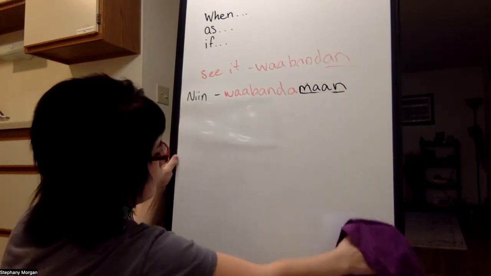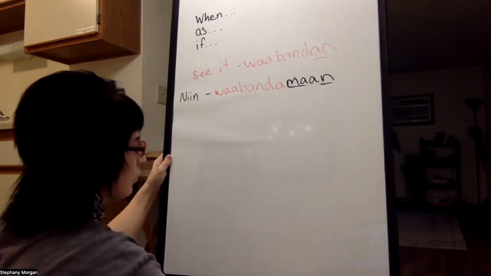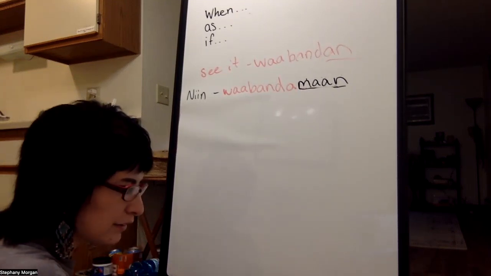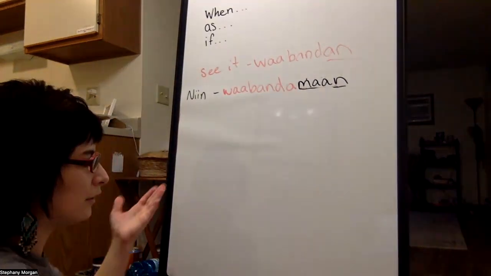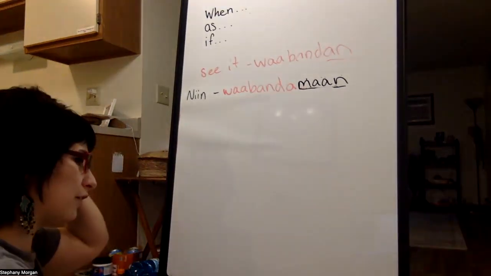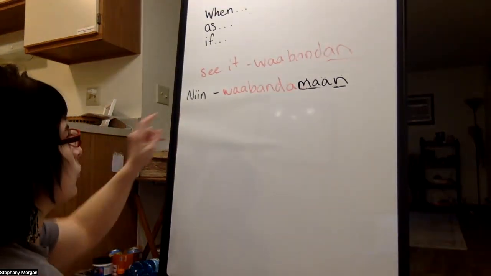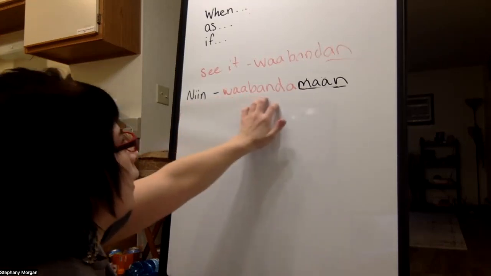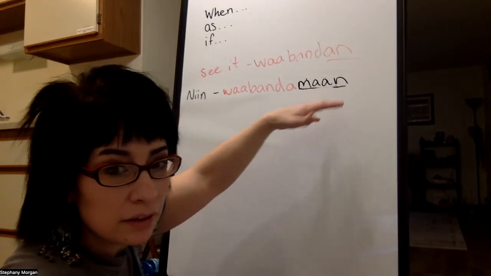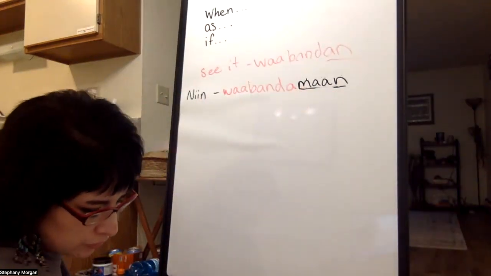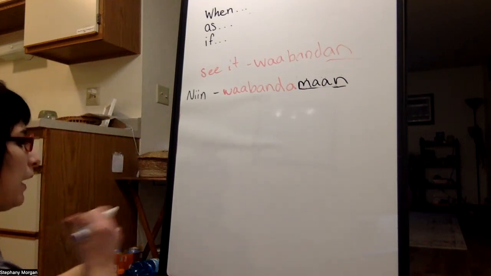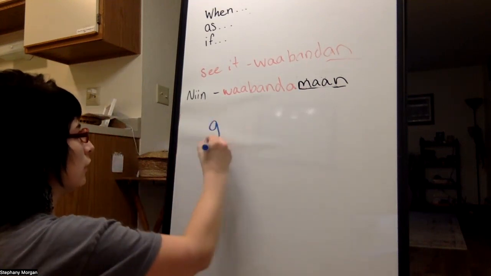I guess the whole time I was saying when he saw it, when you saw it, I meant to state when he is seeing it, and it's hard in English to get that across, but like waban daman, this is when I am seeing it in this present moment. But if we want to talk about when I saw it in the past, we're going to use past tense, which is gi.